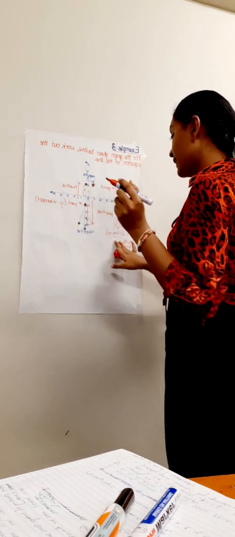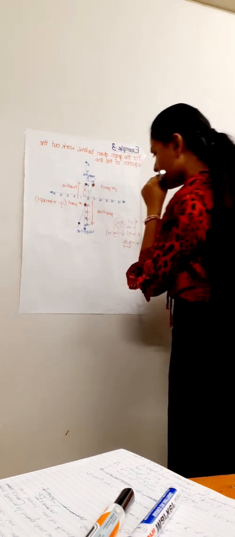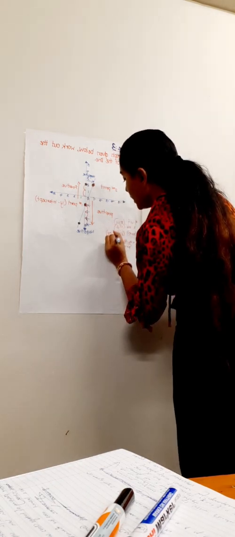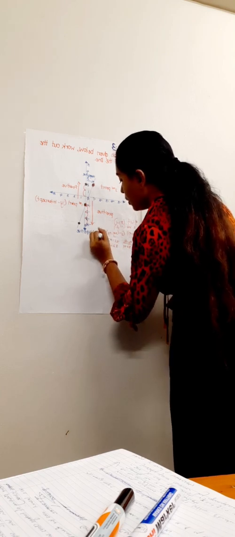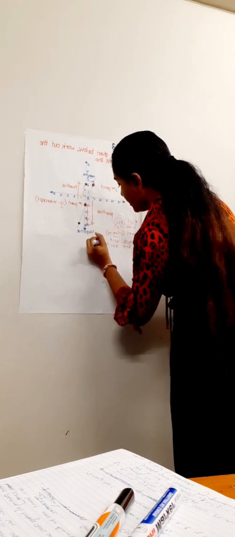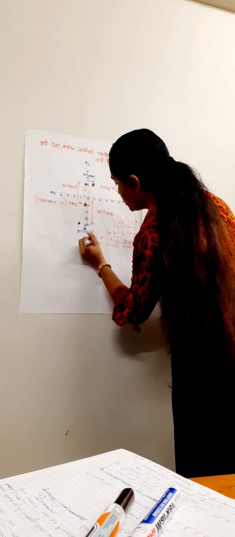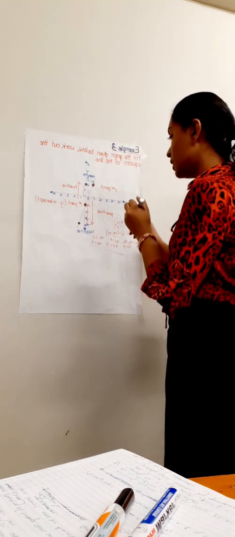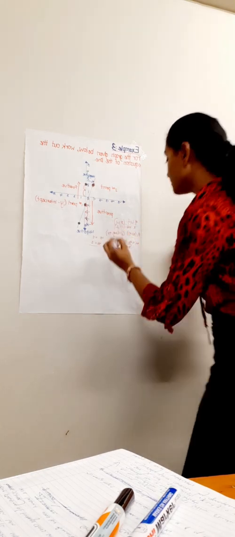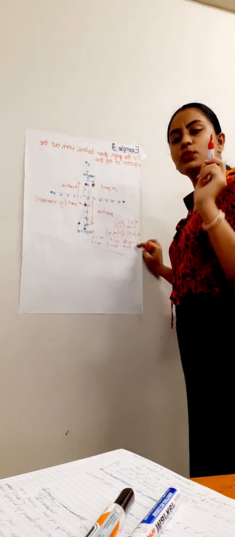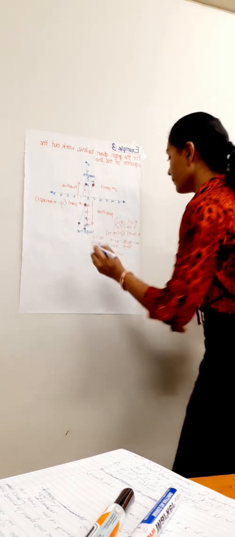Now we have to calculate. Actually, we have x1 equals 0, x2 equals -1, y1 equals -1, and y2 equals 2. Now you have to plug these points into the formula. Your formula was m equals (y2 minus y1) over (x2 minus x1), right?